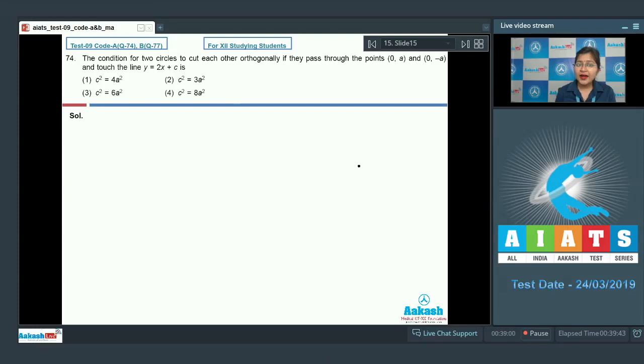Right, now to find the equation of such circle, we know that the family of circles will be (x - 0)(x - 0) + (y - a)(y + a) + lambda times the equation of the line, that is x = 0. So that is lambda x = 0.